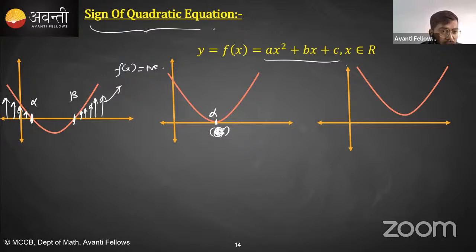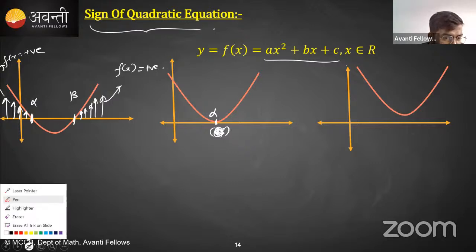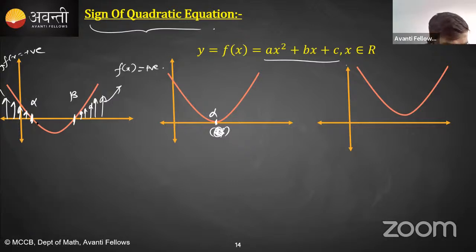Here also f of x is positive. Now whenever the graph lies below the x-axis, it means that f of x is negative, correct?